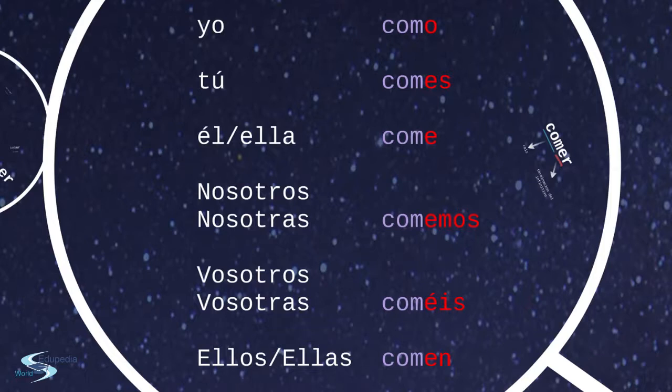So, yo como, tú comes, él, ella come, nosotros, nosotras comemos, vosotros, vosotras coméis, ellos, ellas comen. So again, this is the ending for all of the regular verbs ending with er.